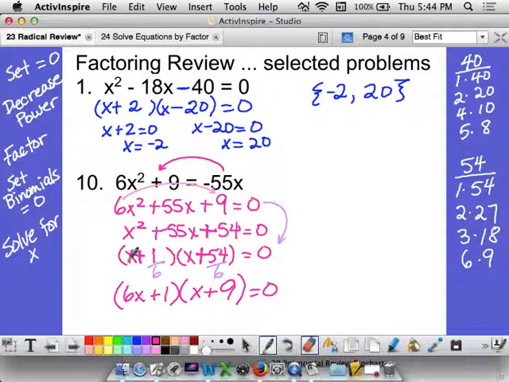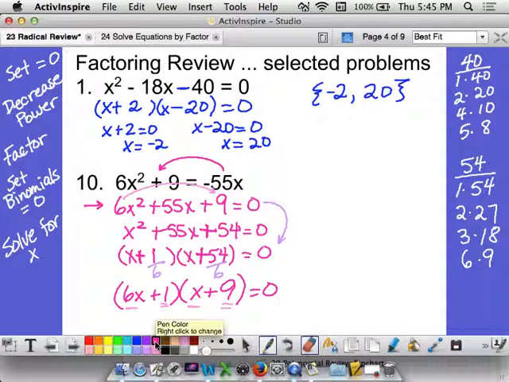Now you're going to go back to this point right here to check, because it's written as a trinomial. Even if you look just at the first two terms, 6x times x, there's my 6x squared. Last term, 1 times 9, there's your 9 right here at the end. And then you can check the outer and inner if you FOIL that out to see if those are correct.